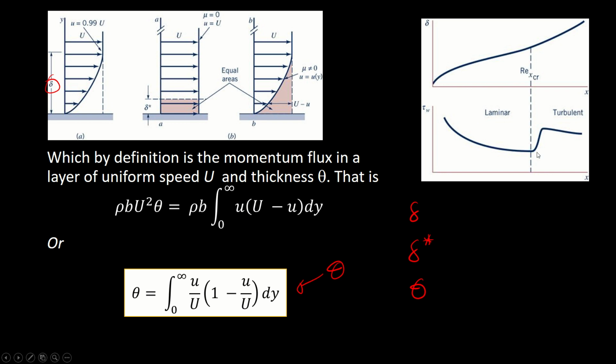And then the wall shear stress starts to increase where the flow starts to become turbulent. In the next part I will explain why this kind of wall shear stress happens in the laminar and turbulent regions.